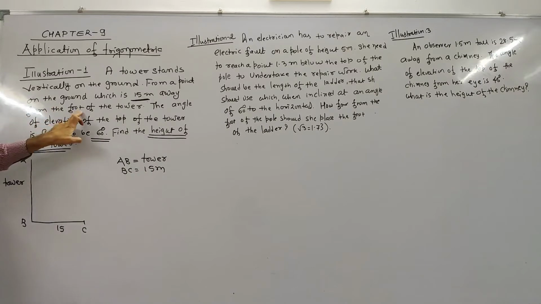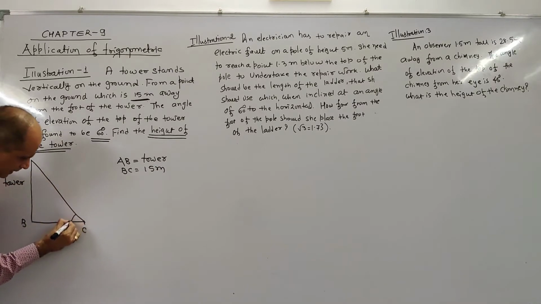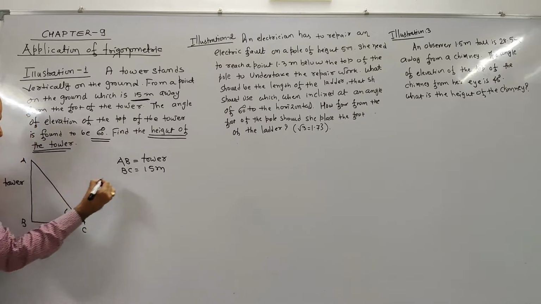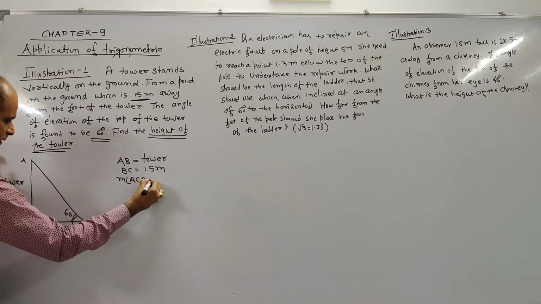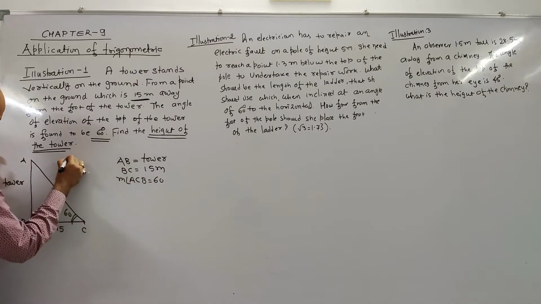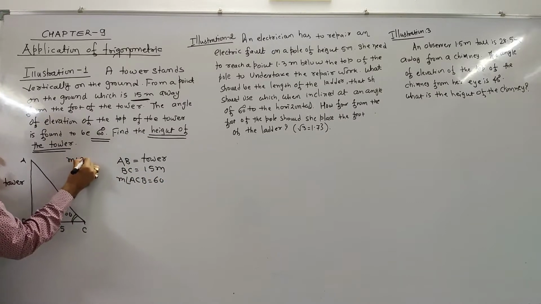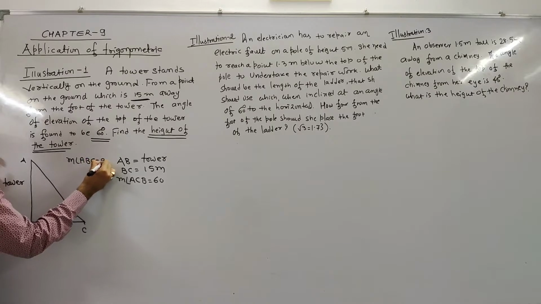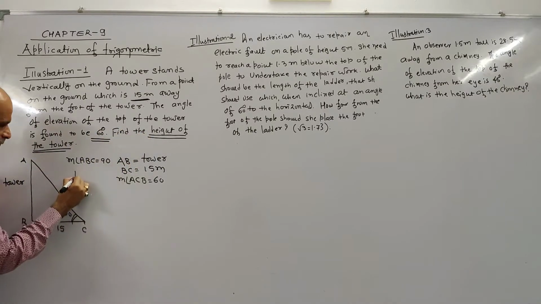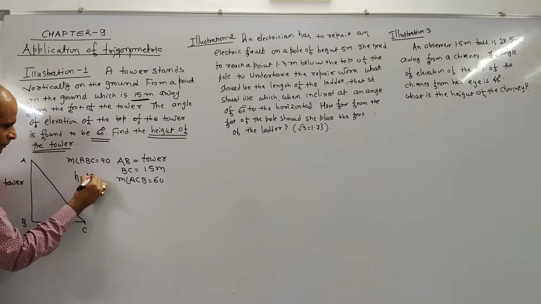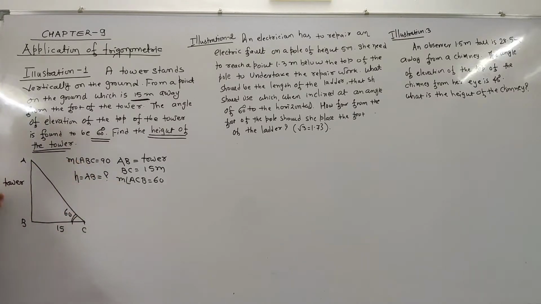Now the angle of elevation of the top of the tower is found to be 60 degrees, and that's why this angle is 60 degrees. So you can write measure angle ACB is equal to 60 degrees. You know measure angle ABC is equal to 90 degrees. And your aim is to find the height of the tower, so H is equal to AB is equal to question mark.